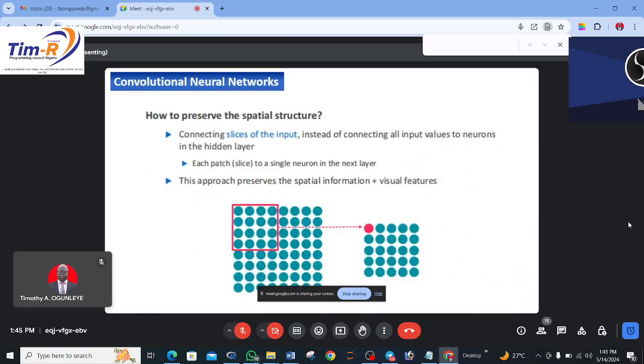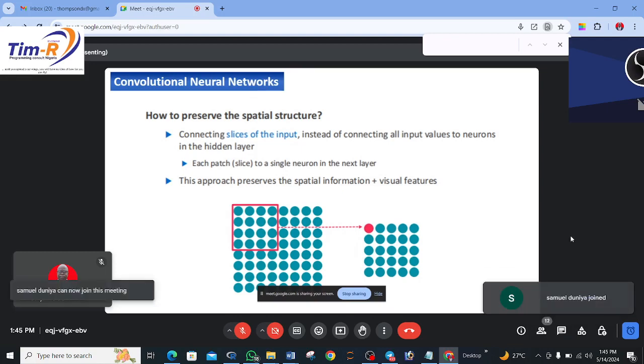So one thing is, when we talk about a pixel representation, how do we preserve the spatial structure, that means the whole of the image, and the features in it? One approach is connecting slices of the input instead of connecting all input values to neurons in the hidden layer.